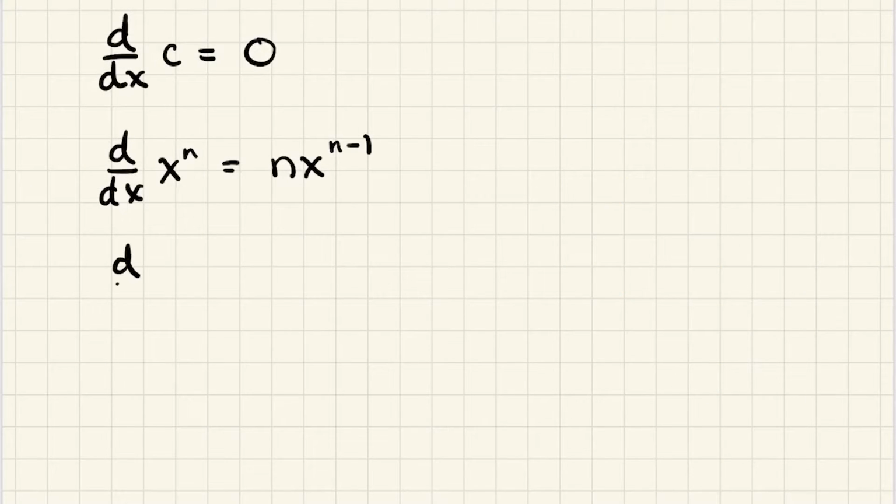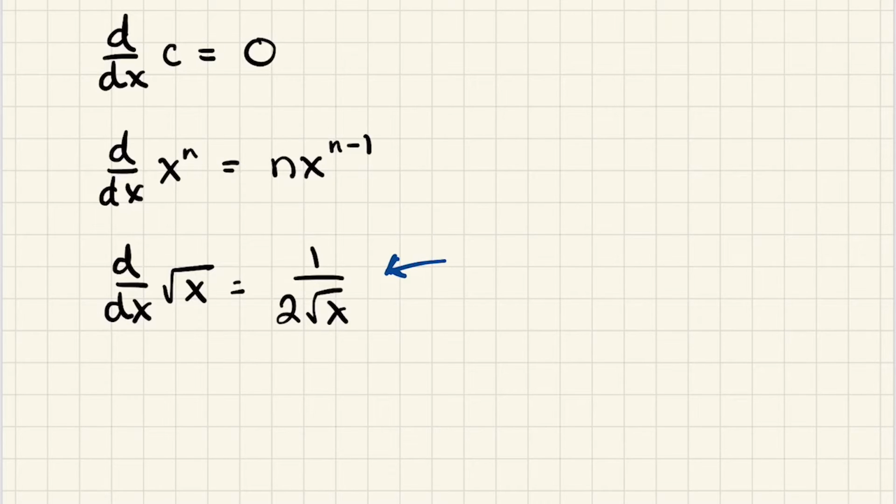The derivative of the square root of x comes up enough times. So that is 1 over 2 root x. And again, if you forget this one, it's really like taking the derivative of x to the 1/2, which is 1/2 x to the negative 1/2, and that's your 1 over 2 root x business.